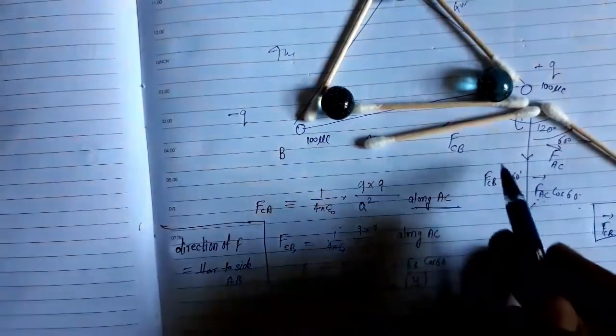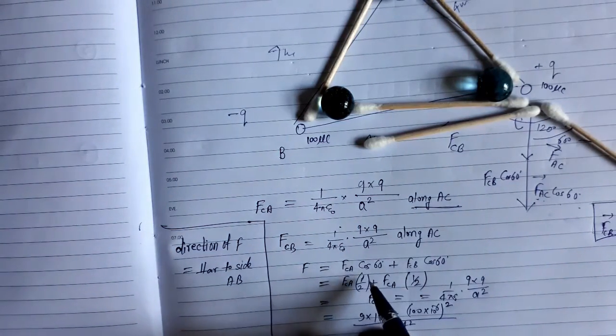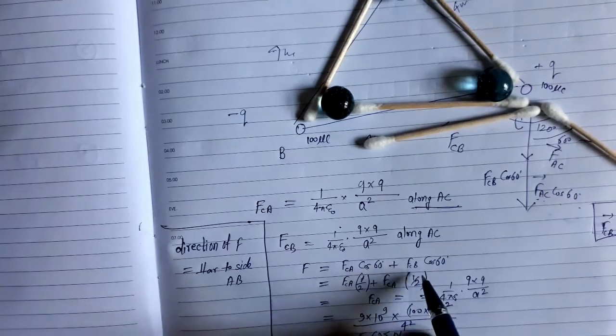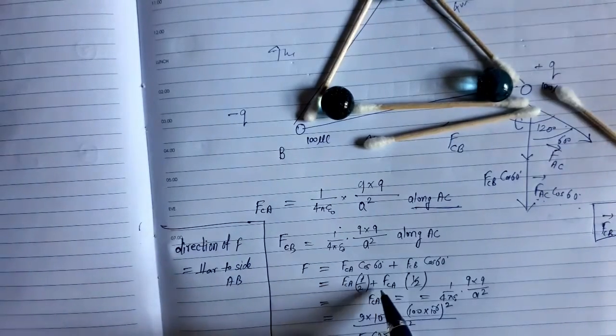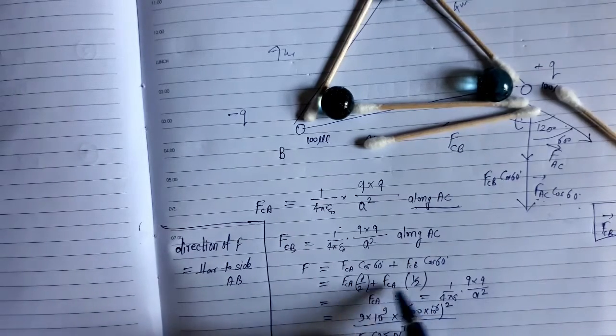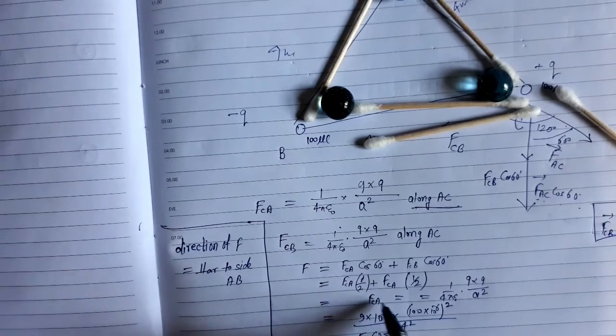So both the forces will be added together, and cos 60 degree is equal to 1/2. FCB has the same magnitude as FCA, so 1/2 plus 1/2 becomes 1, and FCA is common, so it becomes FCA into 1, that is FCA.